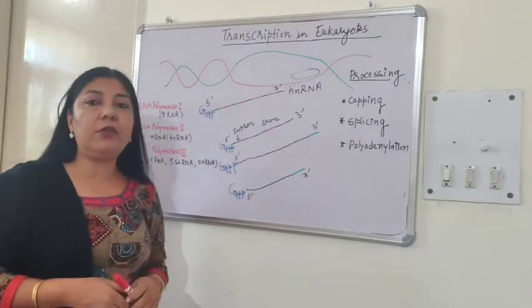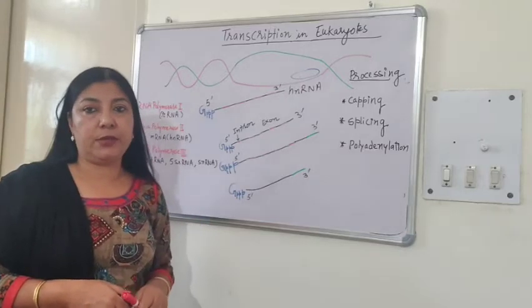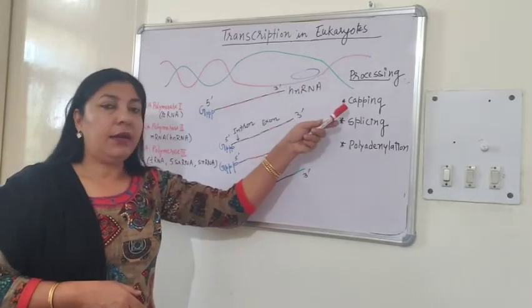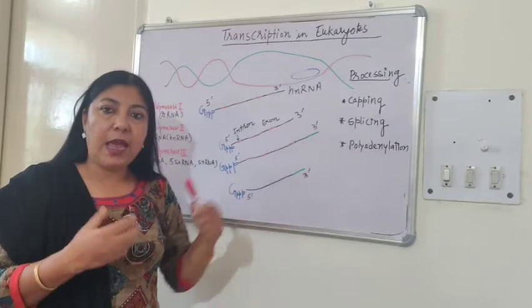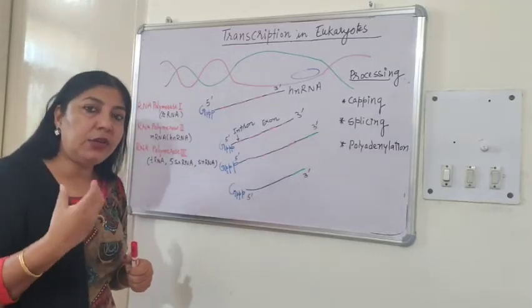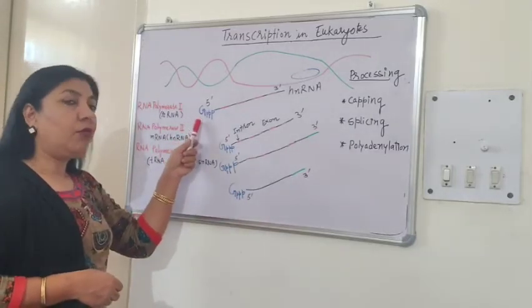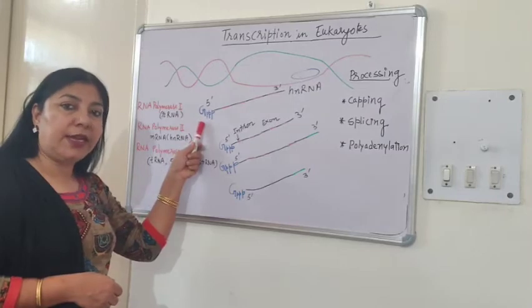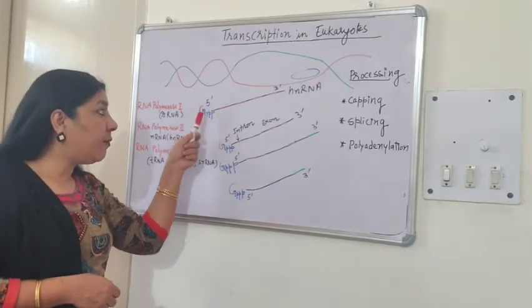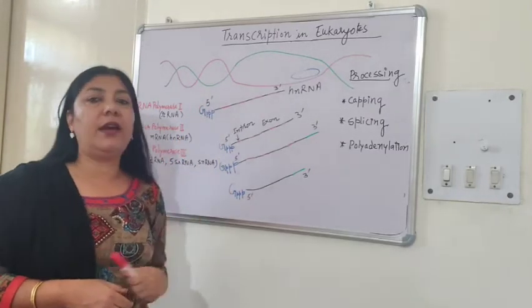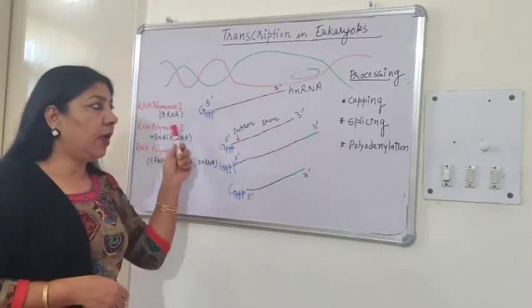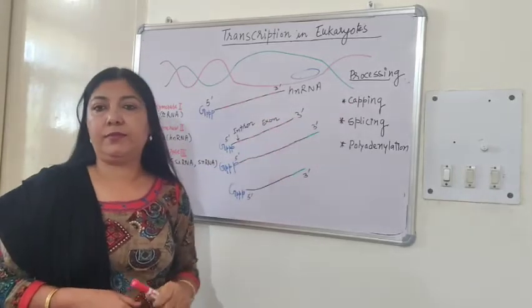And processing includes three steps, which are capping. Capping means addition of guanine triphosphate at the 5' end of the hnRNA. Okay, so that is capping.